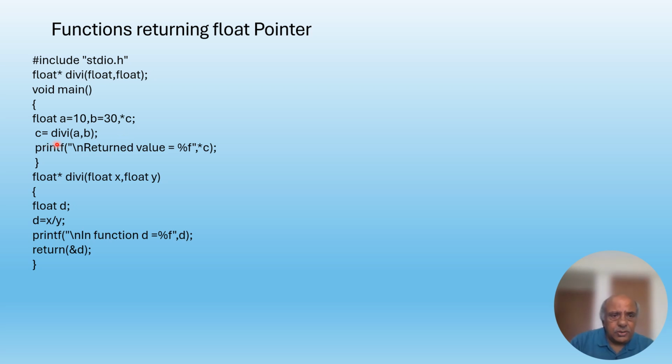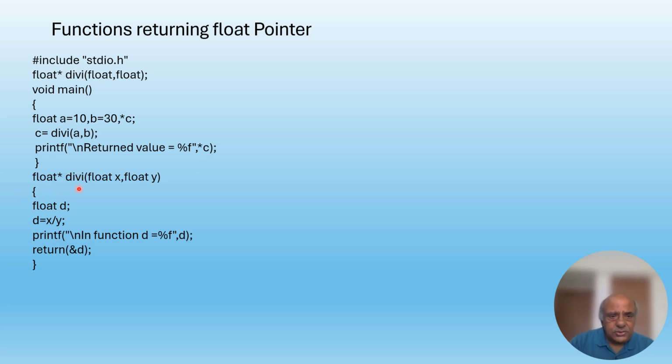To c, we are going to assign the pointer returned by the function dv, and that returned value will be displayed through this printf statement, where we are using star c, the indirection operator star, which will display the value pointed to by c, and then the program ends.